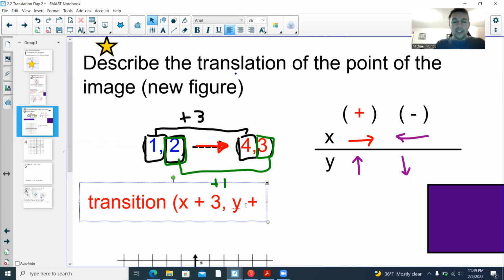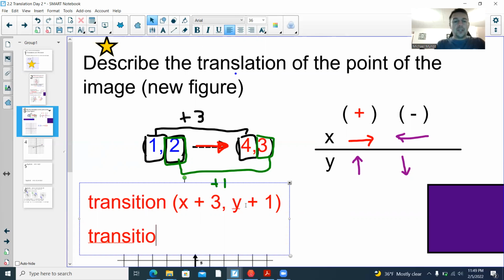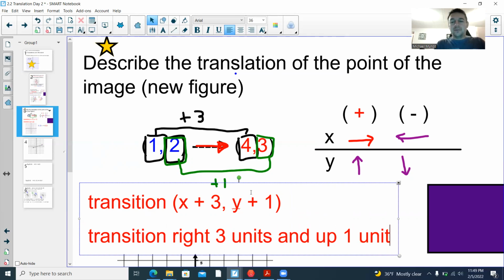So you could write it like this, or to describe it, you could say right 3 units, because you're talking about x, and up 1 unit. That's your y.